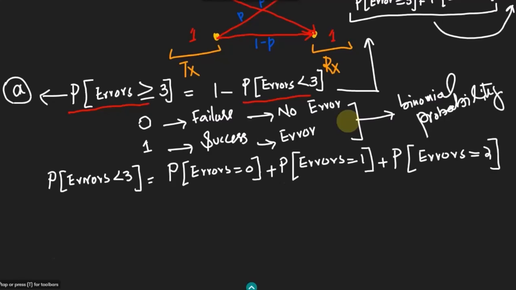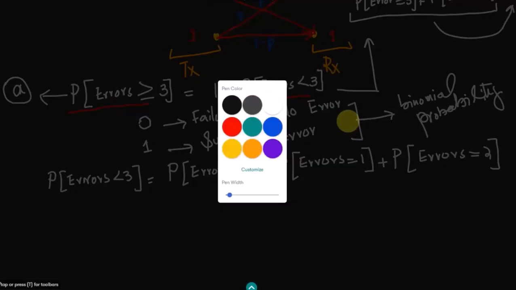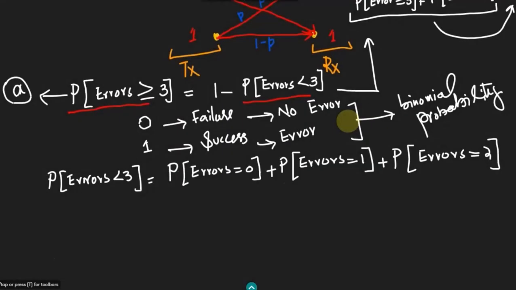So what is basically the binomial probability law? Let me write it here. According to the binomial probability law, in order to find the probability of the successes equal to k, we can use here n choose k.